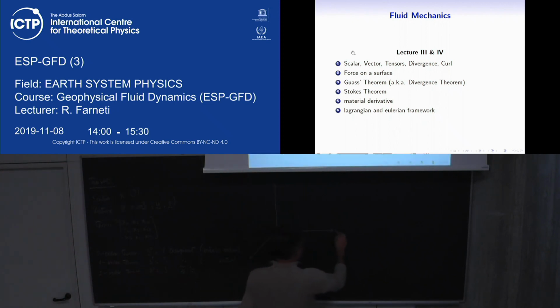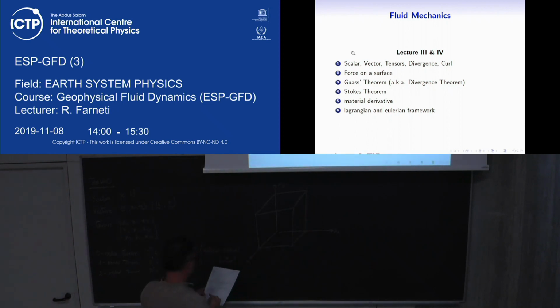So here I put my x2, x1, and x3. This is not going to be very nice, but okay, so if this is my fluid element, then over this element I can show all my tensor components.